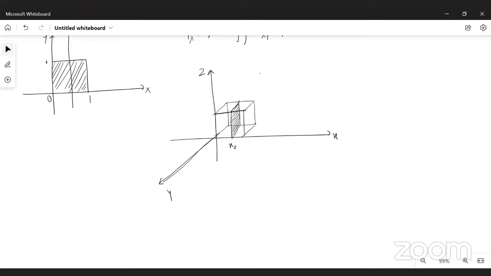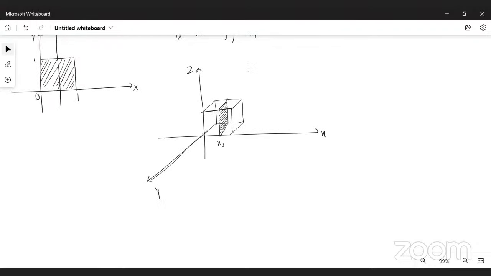So we have fixed a point x naught, and on this point x naught, we are trying to slice it. We have sliced this whole region. So this thin sheet that you see here separates into two regions, right? Are you able to see this thin sheet over here that we have drawn at x naught?